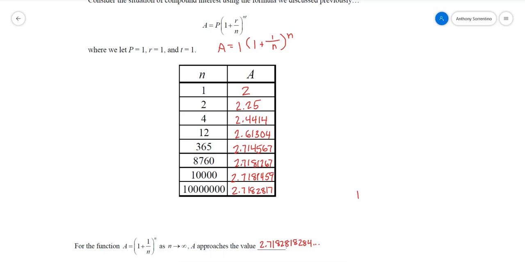It doesn't show signs of being a rational number. There's no repeating pattern in the decimals. There's no sign of termination. This number is what we define as e.